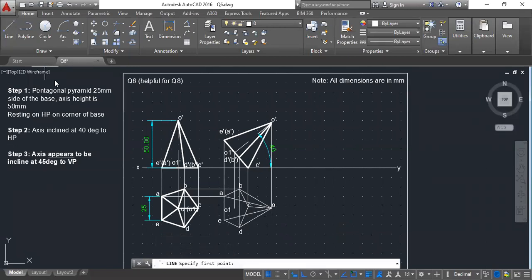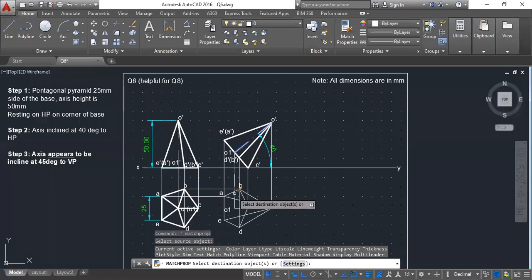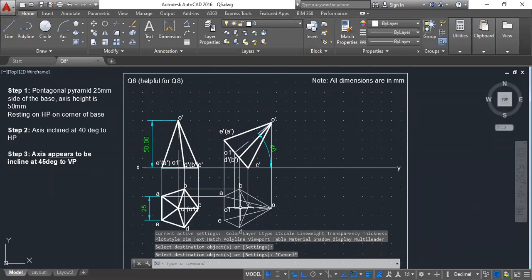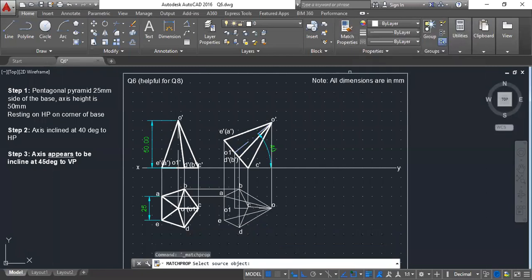The last thing I have to do is join the axis. Now the question comes, what should be hidden lines and what should be the axis? First, we can mark the axis. We already know O1 is the axis, so mark it as axis.